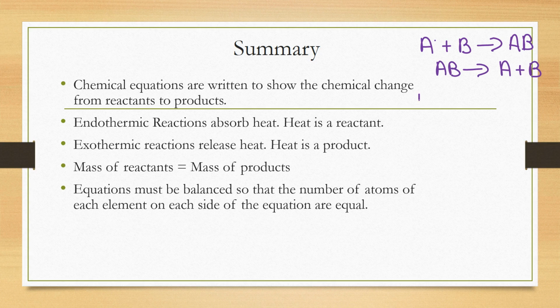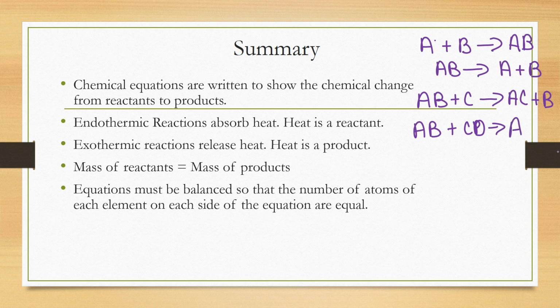You might see one where you have a compound and a single element, and it forms a new compound with a new element by itself. Or you might find one where they basically trade partners.